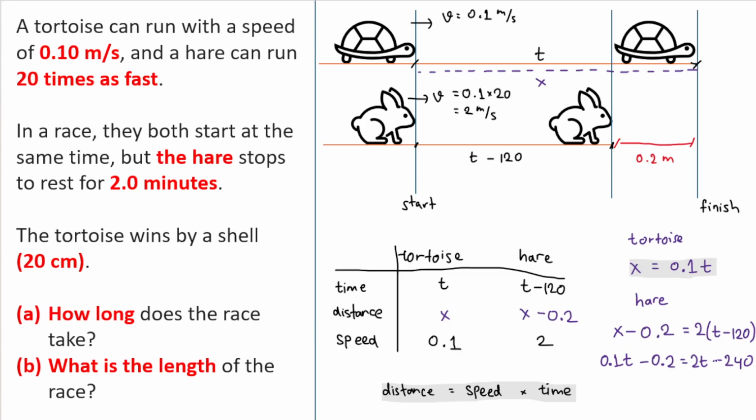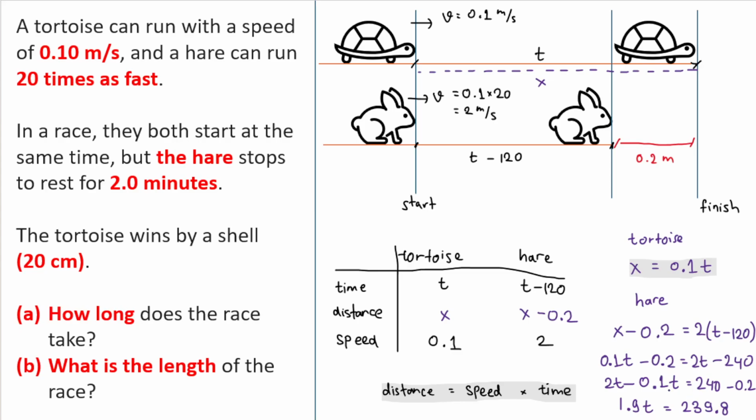Let's play along: I will have 2t minus 0.1t, and then 240 minus 0.2. So we will have 1.9t equal to 239.8 here.